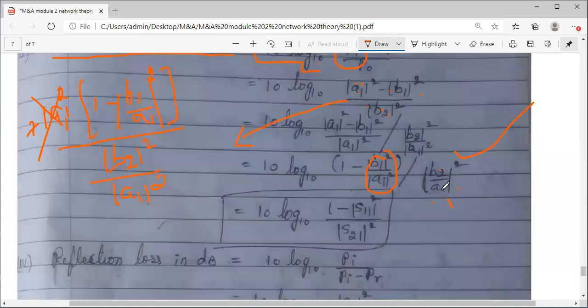B2 by A1 is S21 squared. So I have replaced it. This is your transmission loss: 10 log of 1 minus S11 magnitude squared divided by S21 squared. Further you can't do, because we have already represented this loss in terms of S parameters. Losses in terms of S parameters.